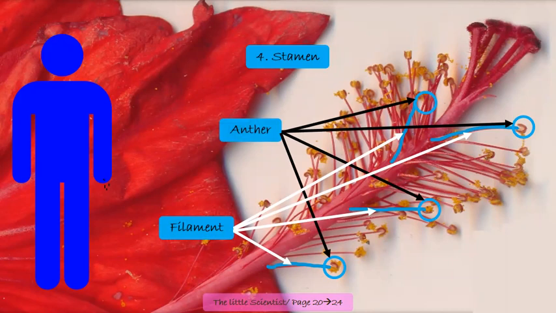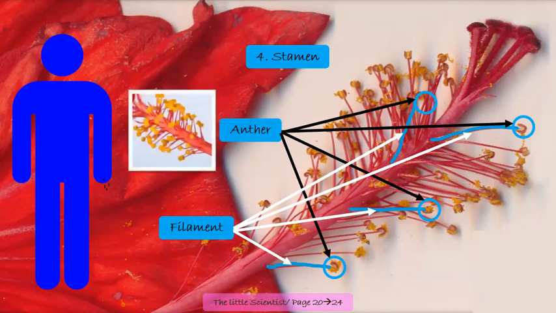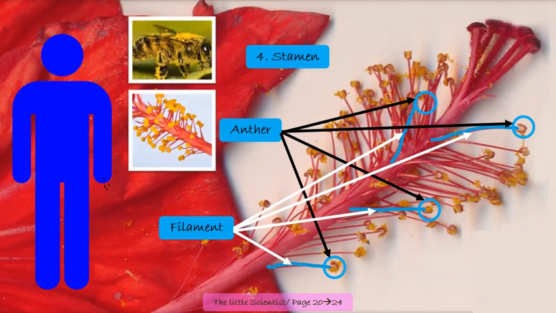And the anther is usually yellow because it holds the pollen grains, the yellow powder that we usually see on bees' bodies. So this pollen is held by the anther.